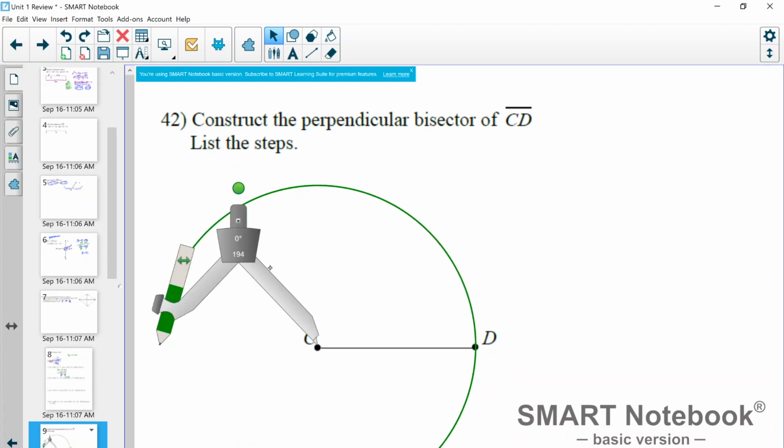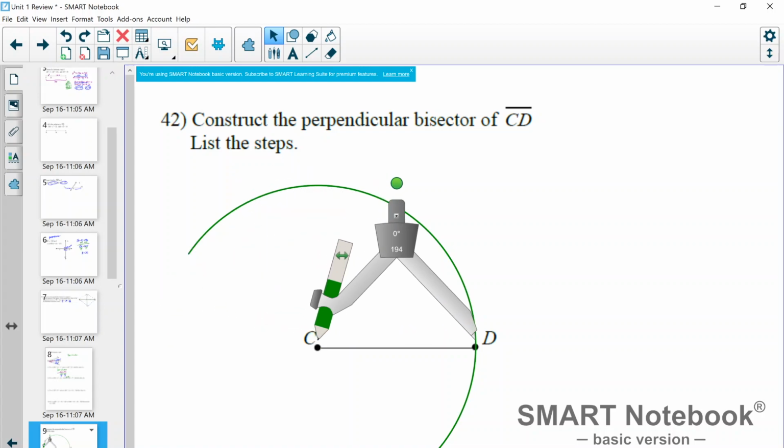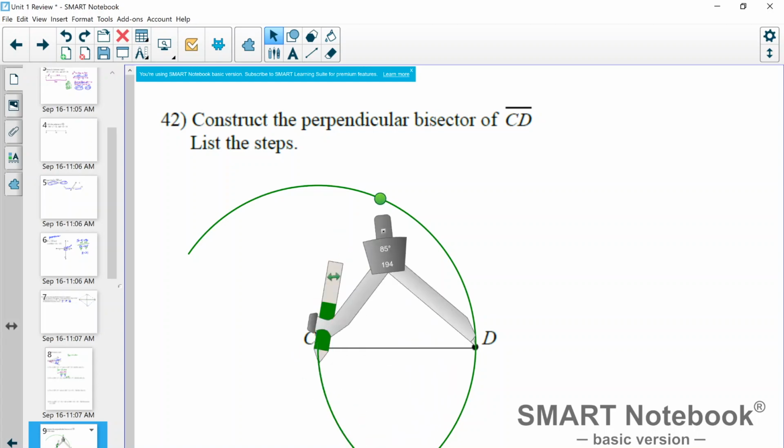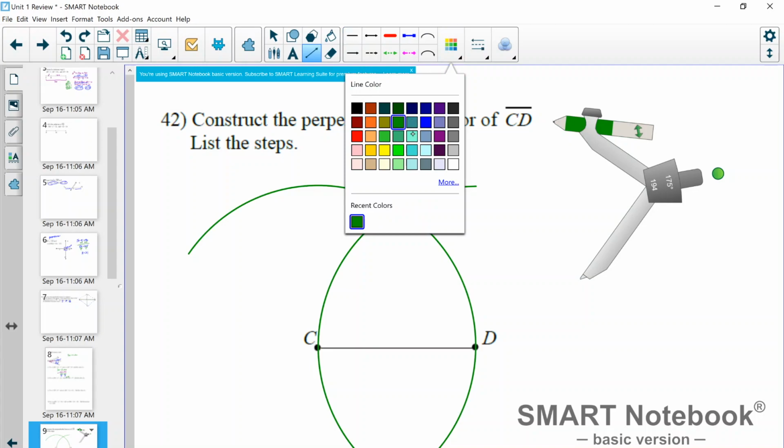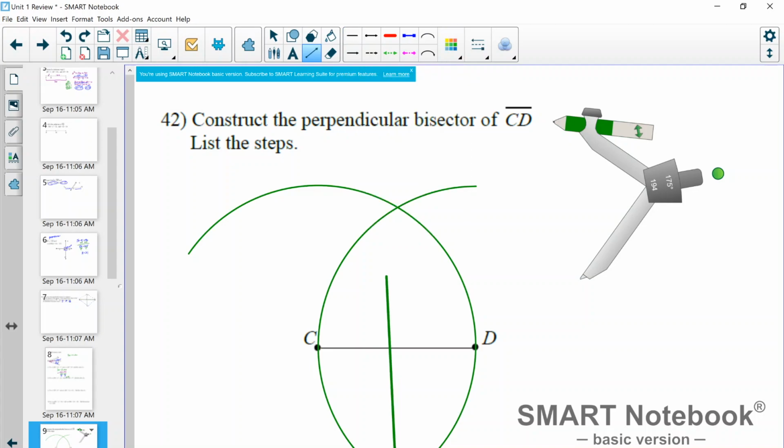And then I'll swap the sides. So I'll put the bullseye on point D, pencil on C, make another swoop, and we look for the intersections of our two arcs, and I will just draw a straight line through those two intersecting spots. Perpendicular bisector.